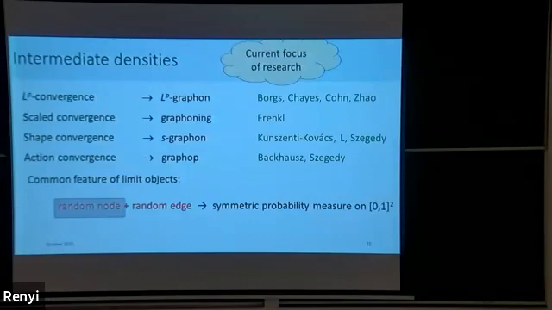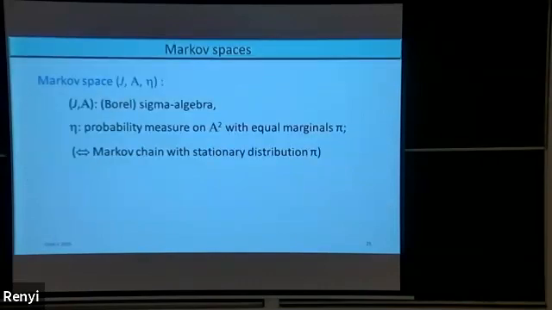I will forget about random node for the rest of this talk, which means that instead of the 0-1 interval here, I can take just any sigma algebra, and I will take a Borel sigma algebra there. And this leads me to Markov spaces. First of all, you have a Borel sigma algebra.